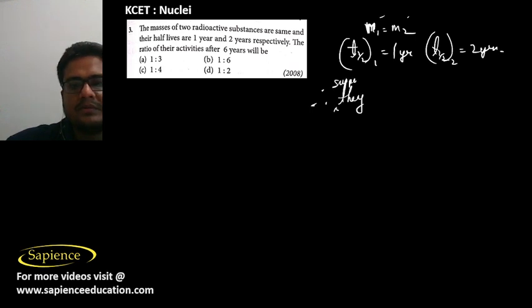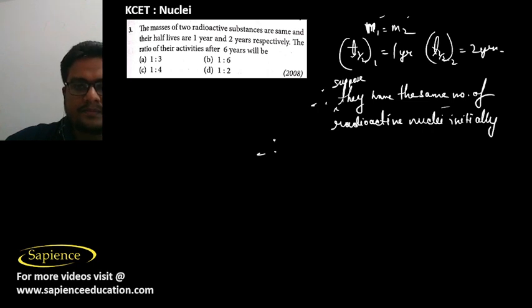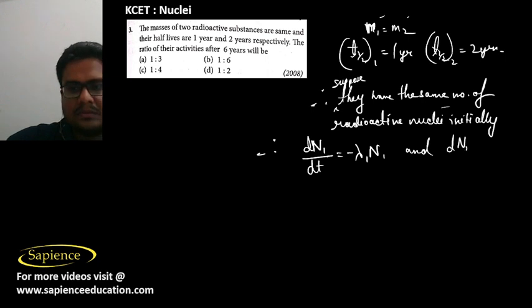Then we can write dN1 by dt equal to minus lambda 1 N1, and dN2 by dt is also equal to minus lambda 2 into N2.